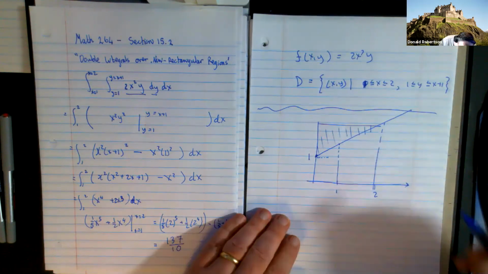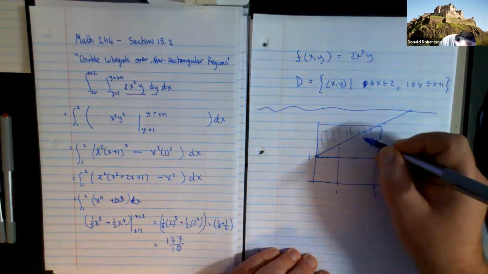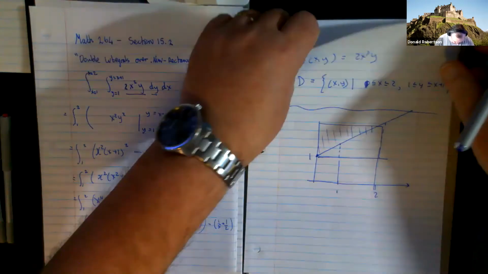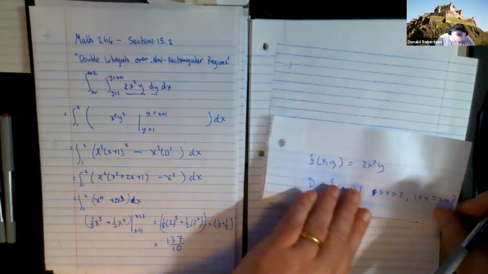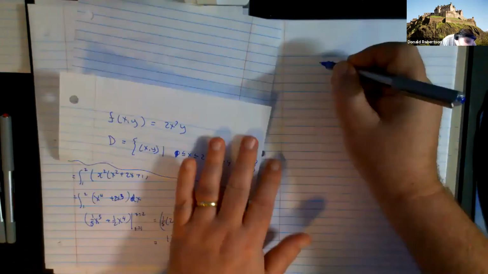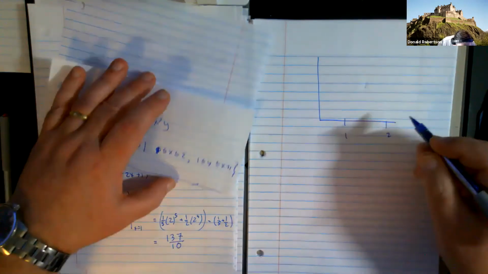Oops, sorry. Pretend I didn't draw that picture. I'll try that again. The x's go from 1 to 2.